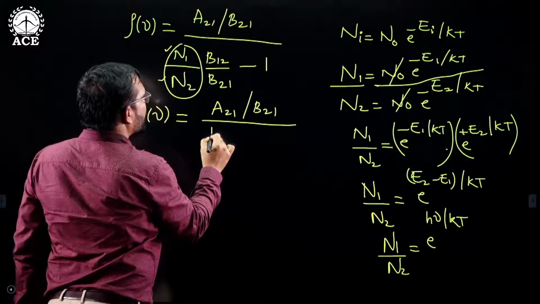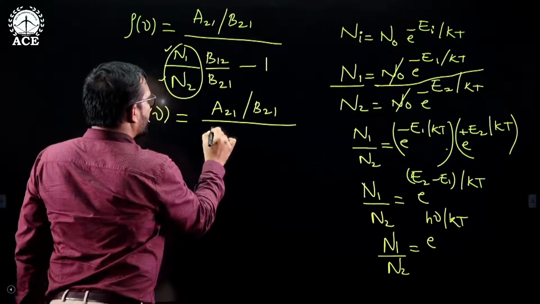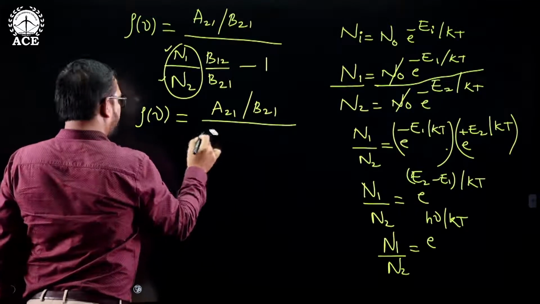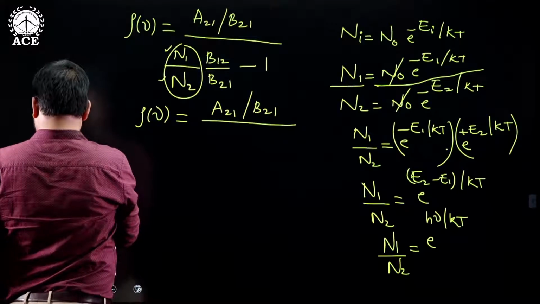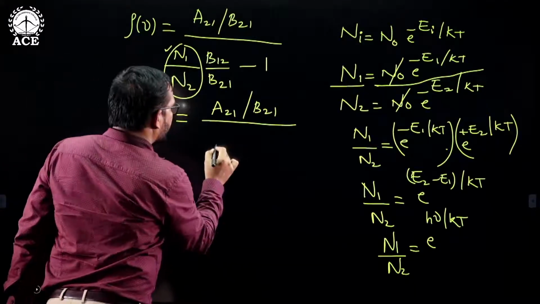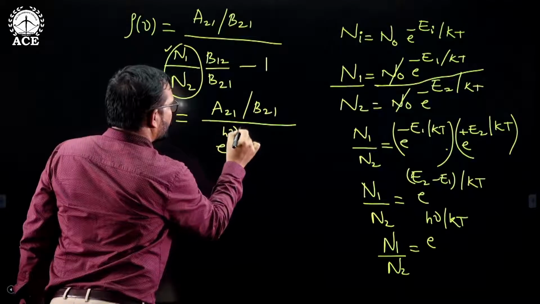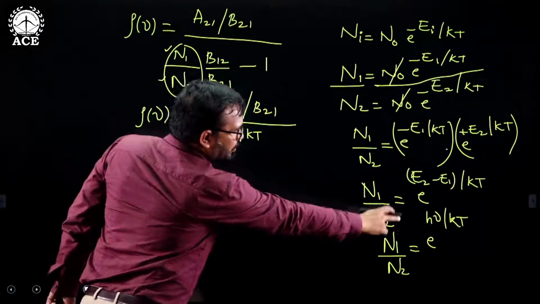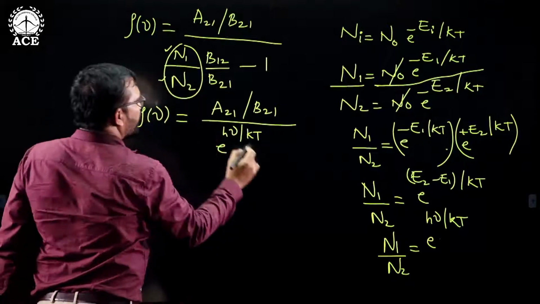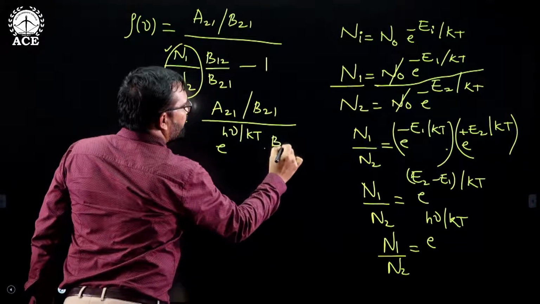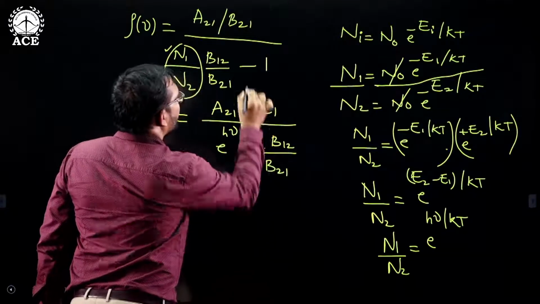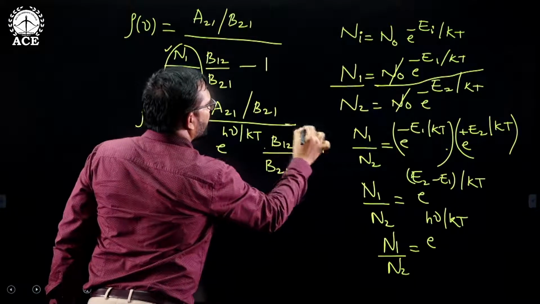What is N1 by N2? Exponential of h nu by kT. N1 by N2 is exponential of h nu by kT into B12 by B21 minus 1.